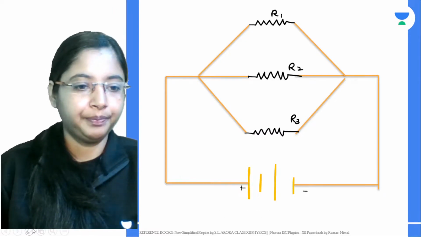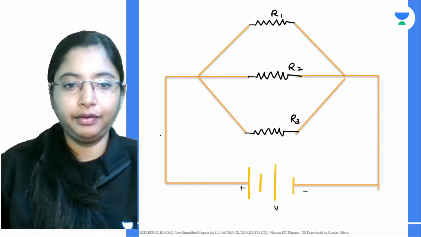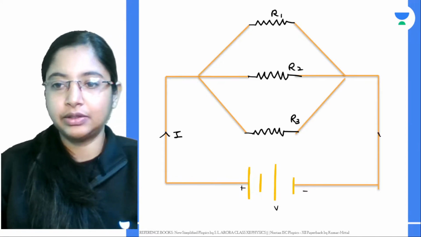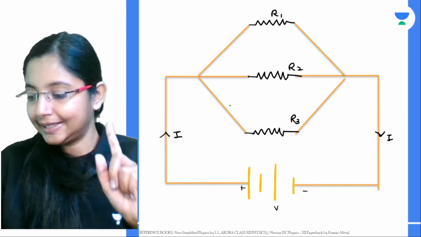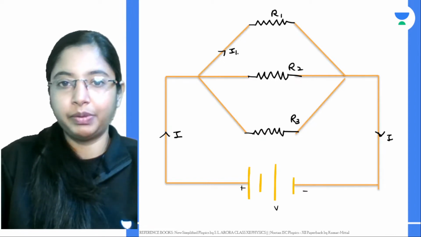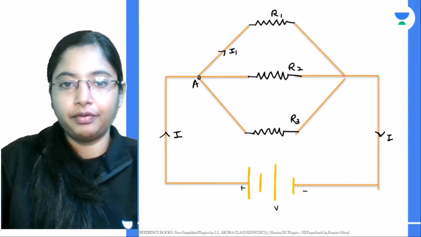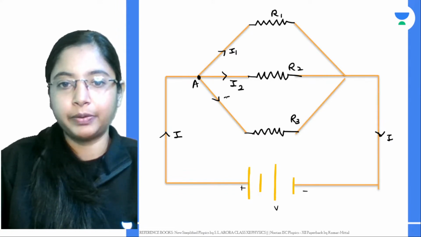Now the current flows from the positive terminal and ends over here, but as it goes into these branches, the current actually gets divided. Let's say this junction is A. From this point, the current flowing through will be I1, in this one it will be I2, and in this one it will be I3.